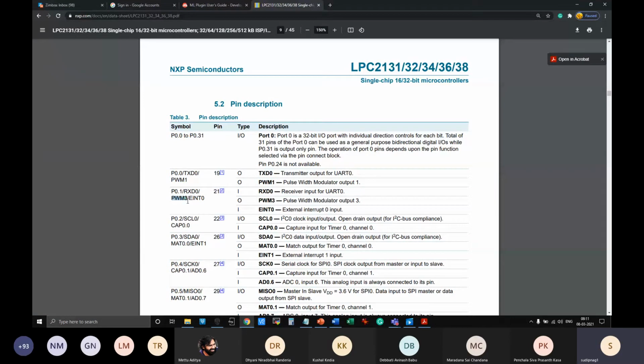So PWM 3 channel output is available, or even an external interrupt input channel is also available over here. That means there is one port function and three alternate functions for this particular pin. You can see the configuration type: I means input, O means output, and then you can see the description of each of those modes while selecting a particular purpose for the pin.